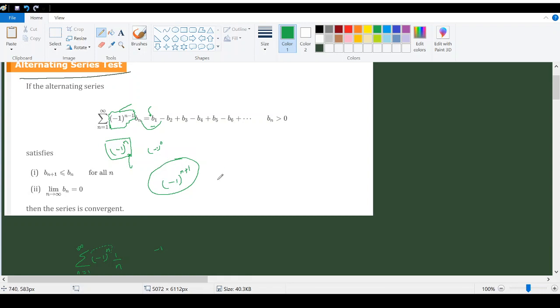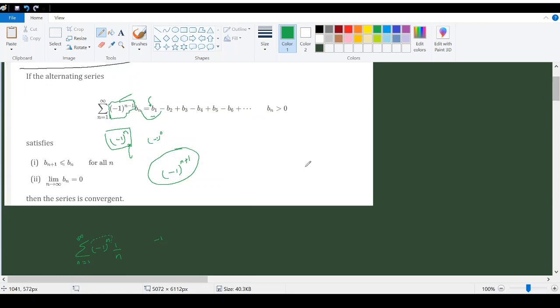Okay, having said that, in this particular series we can visualize it as sigma -1 to the power n bn, where bn is equal to the sequence 1 over n.